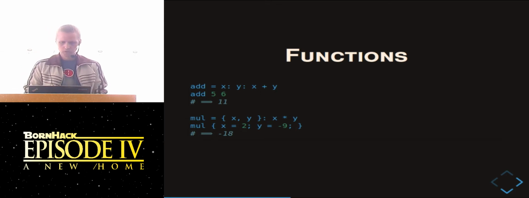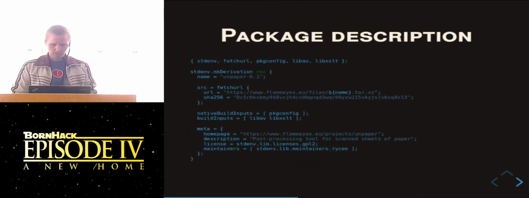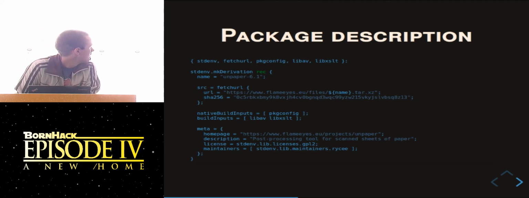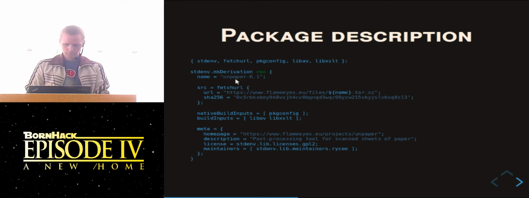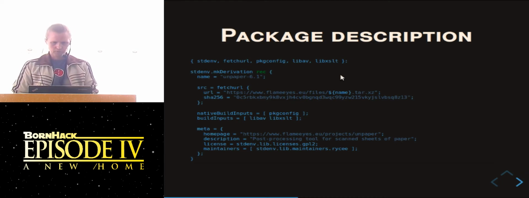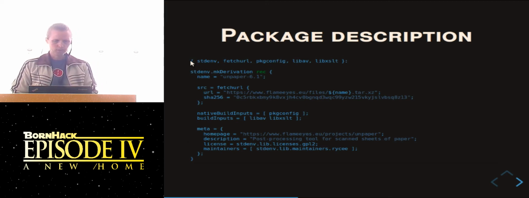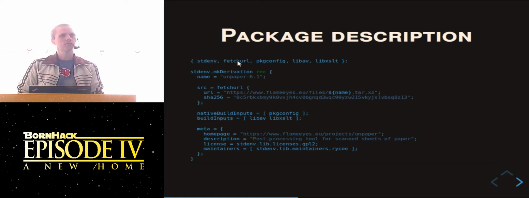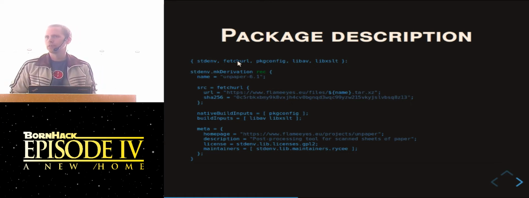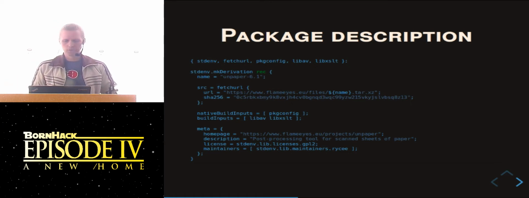Cool. So I think the next one is a complete package description in the Nix package manager. And I think most of the things here we saw in the previous slide. Basically, this whole thing is a function. It takes the standard environment, the standard build environment that contains your GCC and your typical build tools.